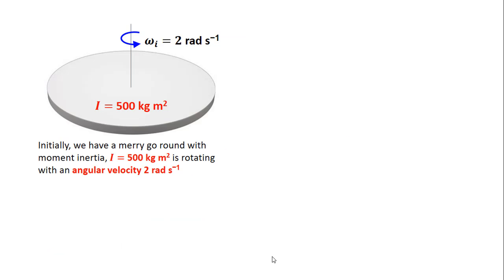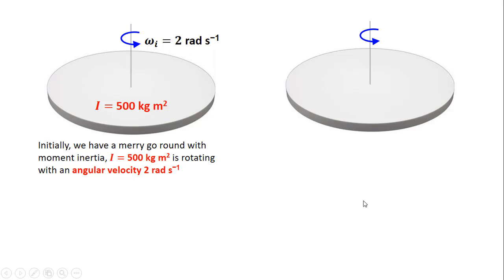For example, this one. Initially we have a merry-go-round with a moment of inertia of 500 kg meter squared rotating with an angular velocity of 2 radian per second. Then what happened? Let's say we put a box on the merry-go-round.